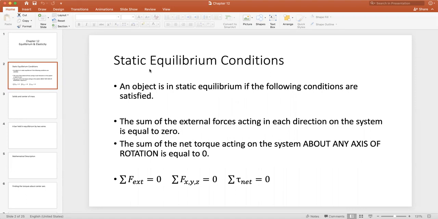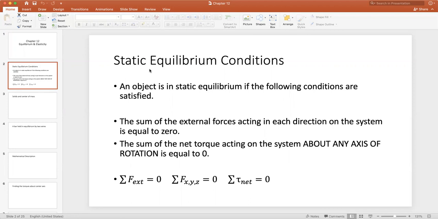There are no net external forces acting on the system. Secondly, if the object's not rotating, the sum of the net torque acting on the system about any axis of rotation is equal to 0. We'll talk about what that means. That's probably the biggest tool that we have in our arsenal to handle these problems.